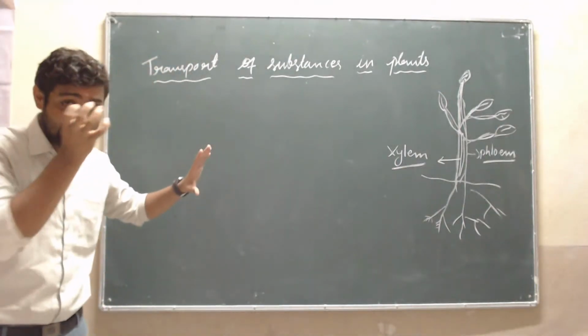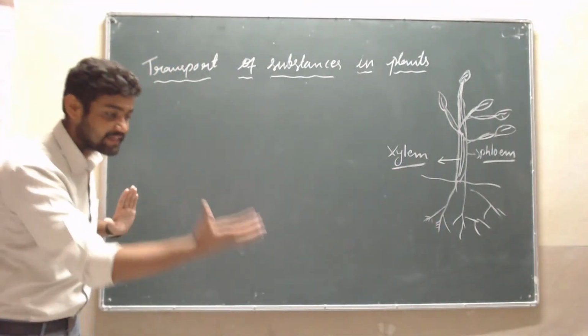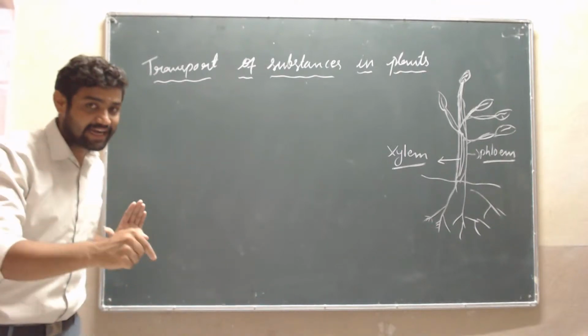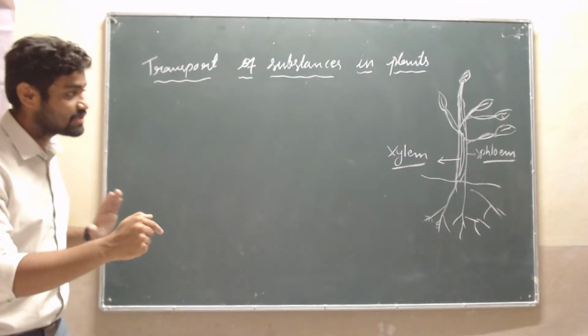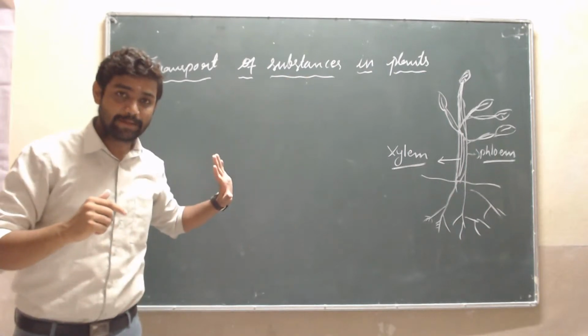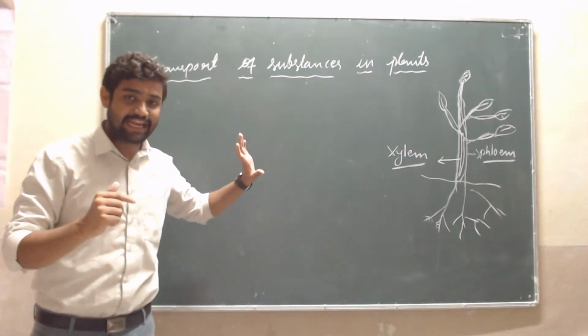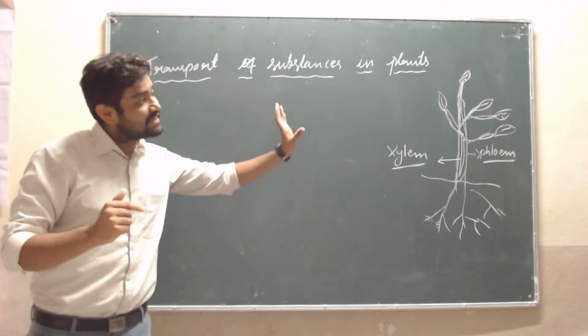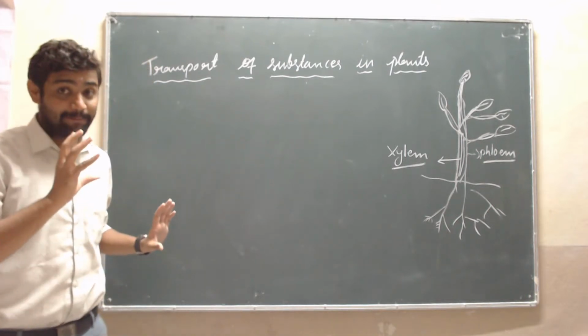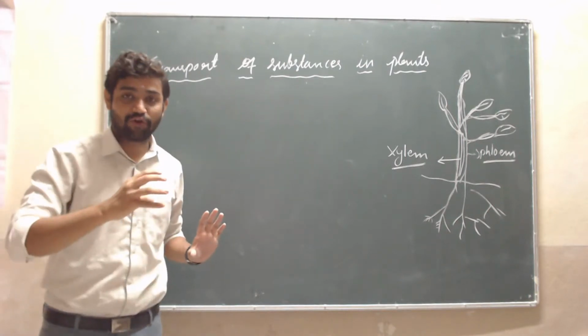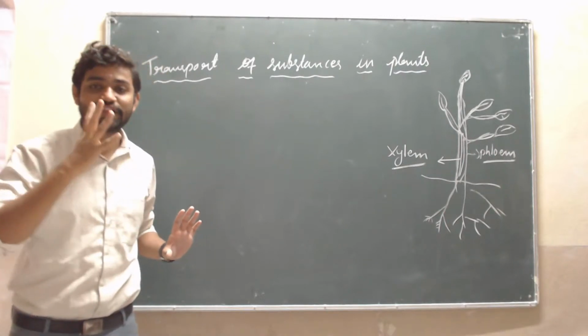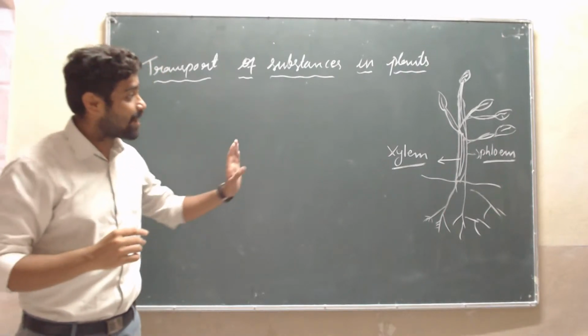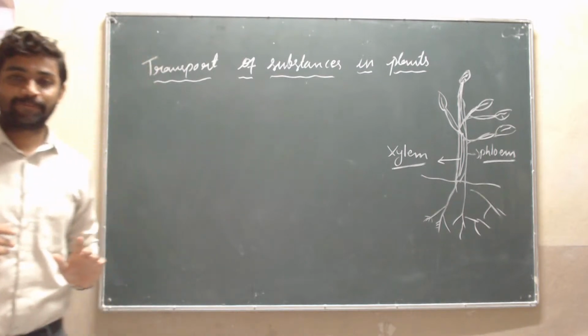Xylem is the water pipe, it supplies water from below, from inside the soil, absorbs it and sends it to the leaves. That is the work of xylem, a pipe. Then phloem is the food pipe that supplies the food from leaves to all the parts of the plant. This is about xylem and phloem.